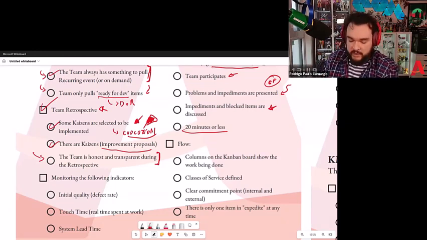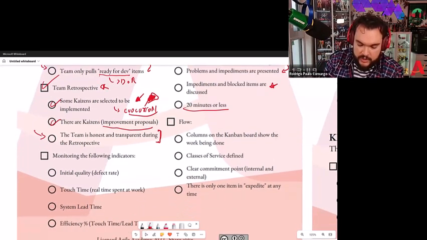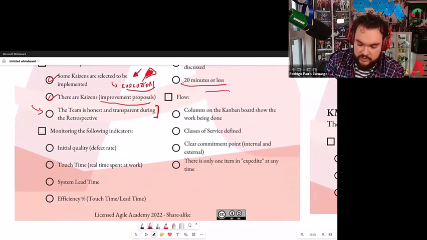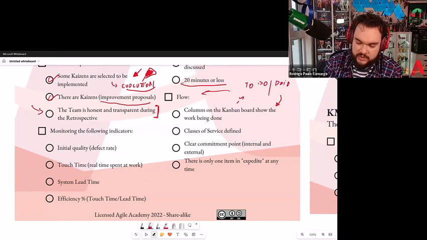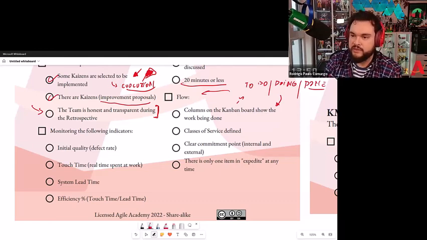Then the next one we have is the flow. If you're using the flow concept, the columns on the Kanban should show the work being done, because the most common thing I see is people using to do, doing, done, and then telling me, yes, we are doing Kanban and we are doing great.